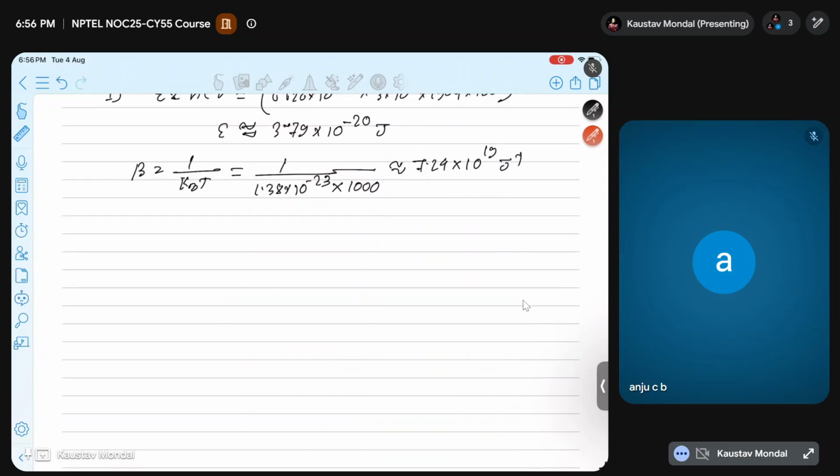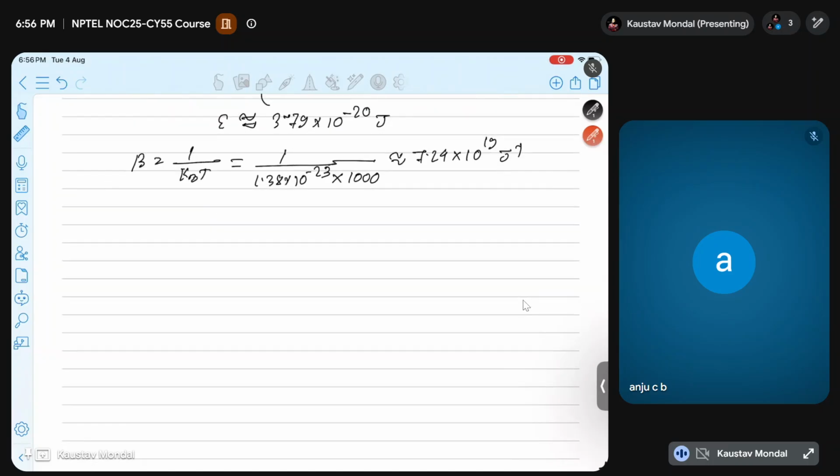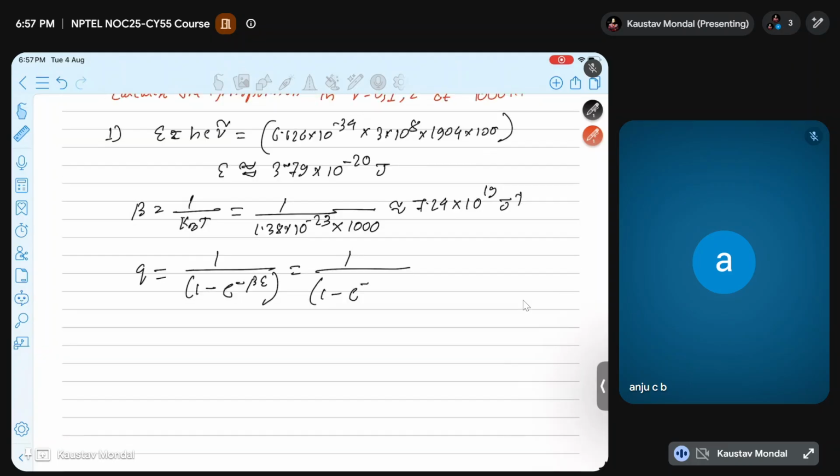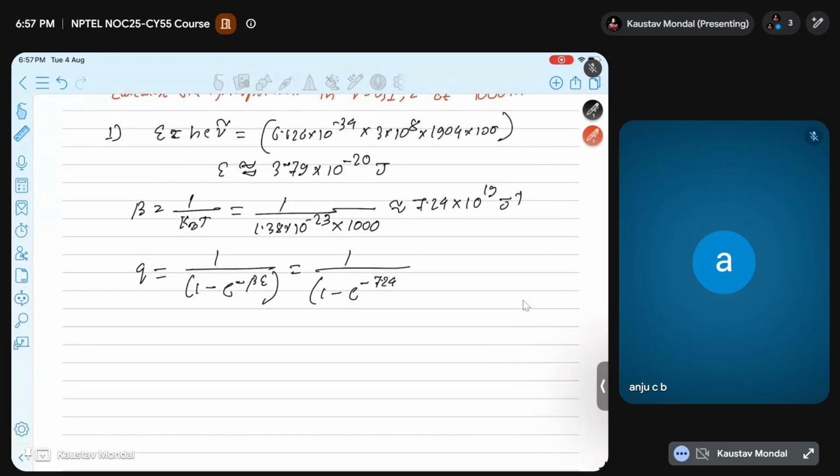The next thing that we need to calculate is the total partition function. Using the expression for a uniform energy ladder, Q is 1 by 1 minus e to the power minus beta e. So beta e is 7.24 into 10 to the power 19 into 3.79 into 10 to the power minus 20.